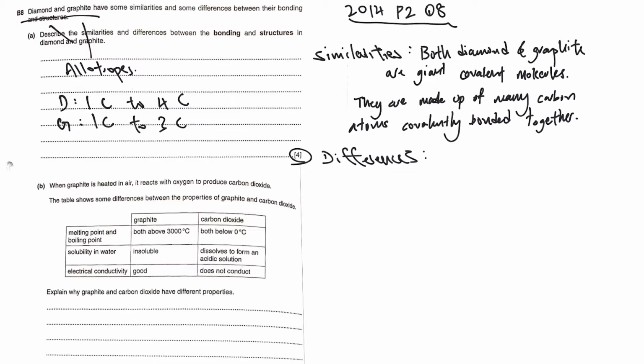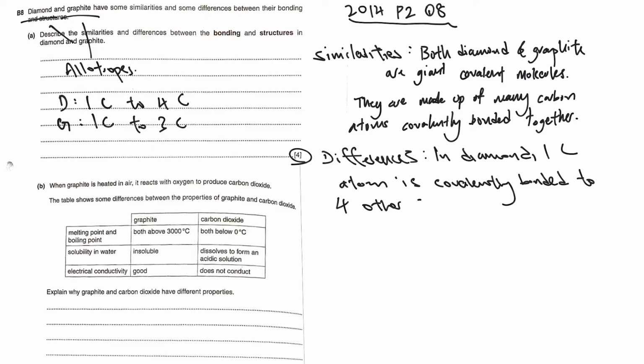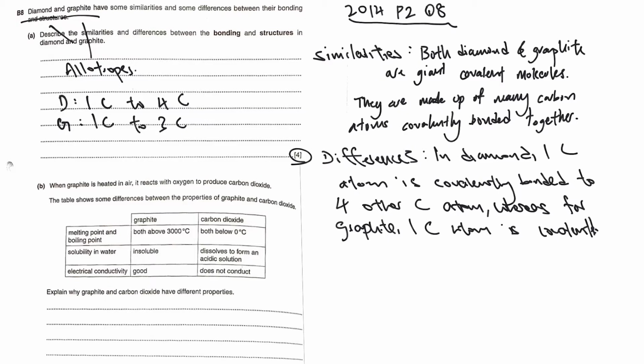And just like what I've mentioned just now, the first one will be in diamond, one carbon atom is covalently bonded to 4 other carbon atoms, whereas for graphite, one carbon atom is covalently bonded to 3 other carbon atoms, right? This will be in terms of the bonding.